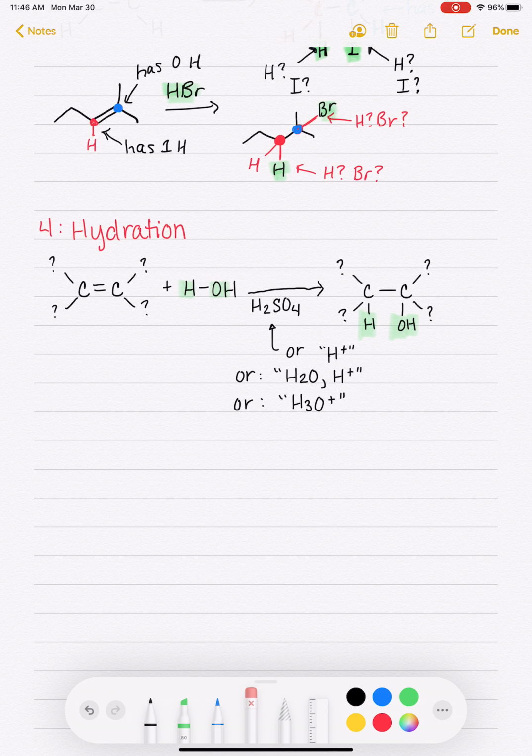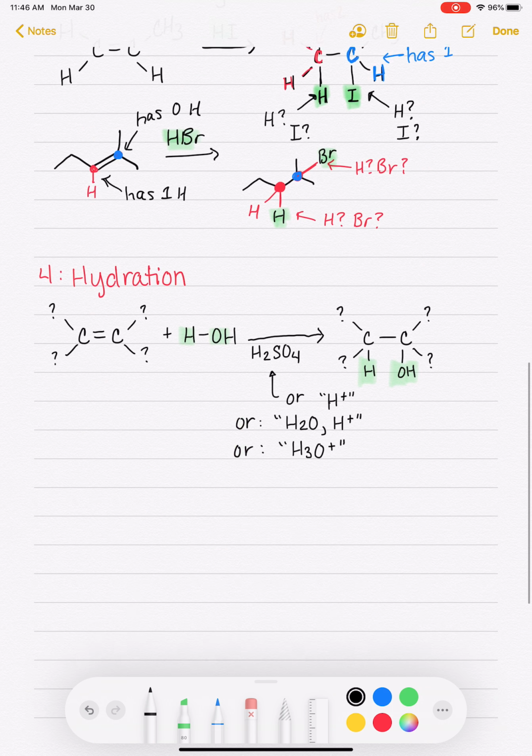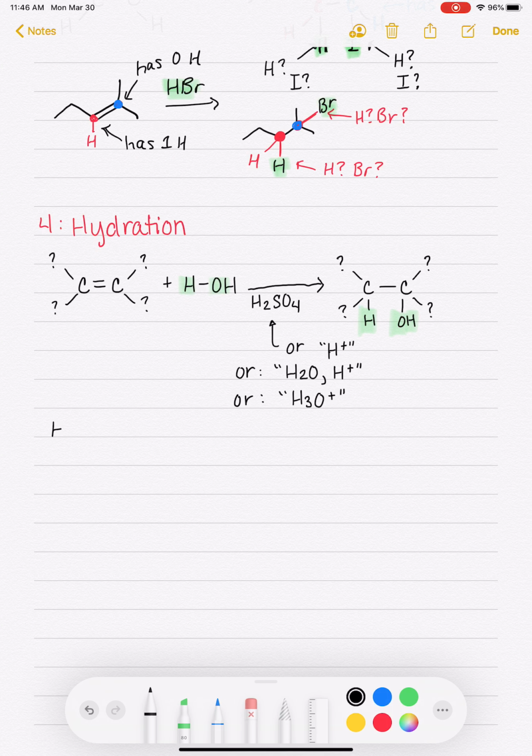So let's start with the same alkene that we've been using for the first example for all of these. And just to get you used to seeing it in all kinds of different ways, I'm going to write H2O on top because it's plus H2O, and I'm going to write H+ on the bottom, like that.